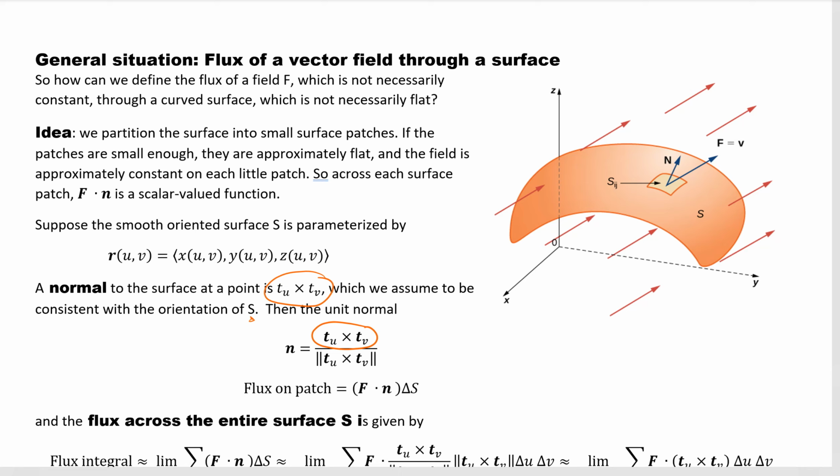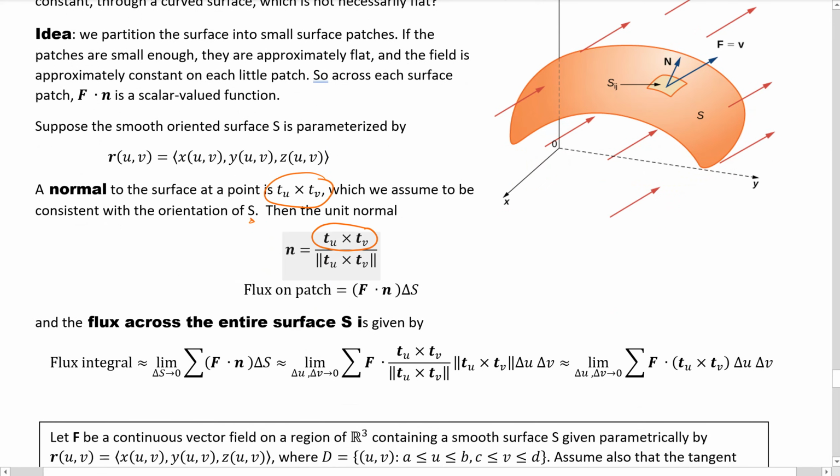So the flux on the patch equals, well, this is the scalar component of the vector field in the direction of the normal vector, right? So that's why we use F dot N times the change of the surface area.